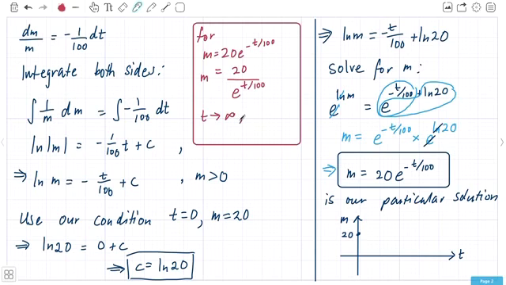What you're going to be doing is taking 20 and dividing by e to the infinity, which is an extremely big quantity. So basically, as t approaches infinity, your mass of sugar approaches 20 over a really big number, so your mass would actually approach 0. So you have asymptotic behavior going on, and so your graph would look like this.